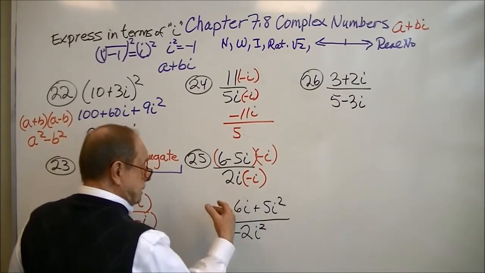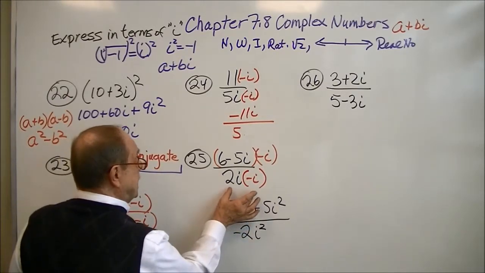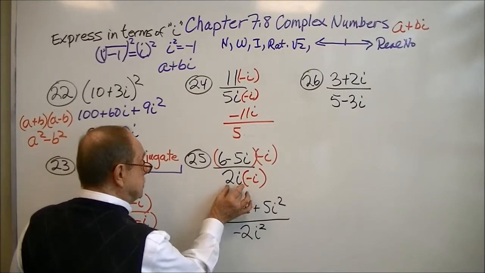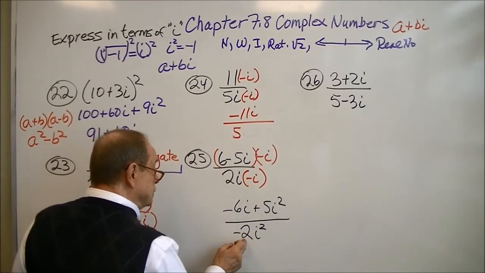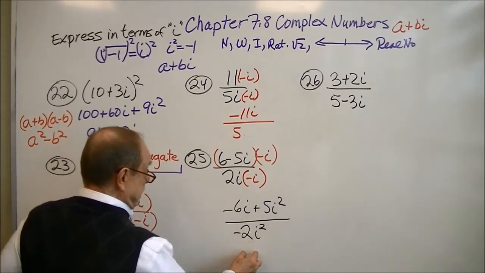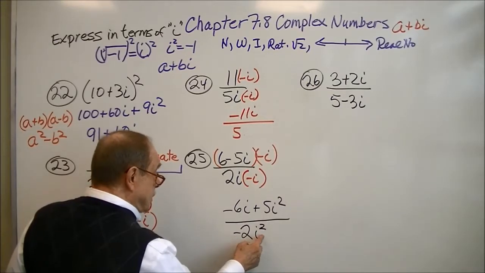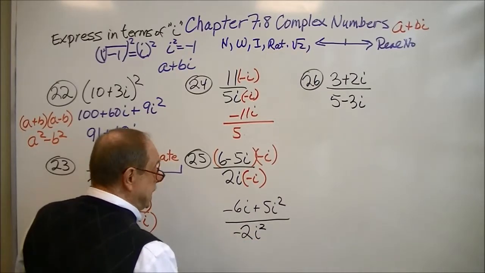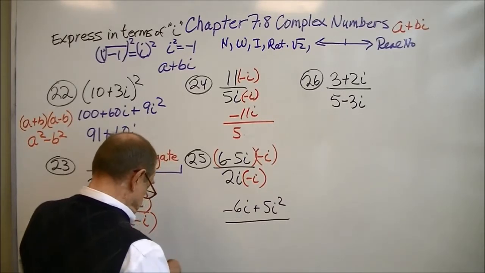So again, if we just write it out, and I perhaps should write these out a little bit more, 2i times a negative i is a negative 2i squared. And i squared is a negative 1. A negative 1 times a negative 2 makes it a positive 2. And that's what I had.